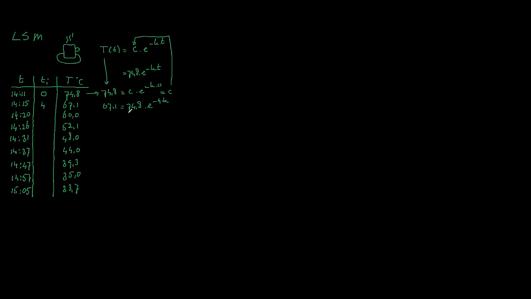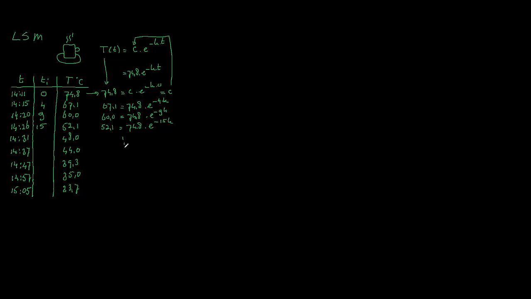Next one, 60 equals 74.8 e to the power of minus 9k. This is 9 minutes later; you see 20 minus 11 is 9. Next one, 52.1 equals 74.8 e to the power of minus, well, that is 15 minutes, 15k.